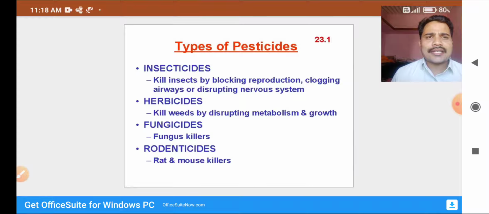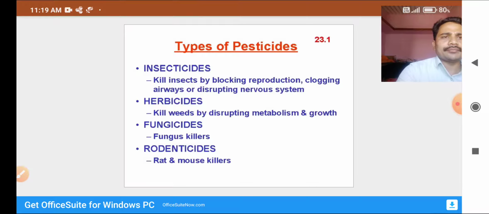Mainly, insecticides act by disrupting the nervous system, so the nerves become weak. Next, herbicides kill plants by disrupting metabolism and growth. Fungicides are fungus killers, and rodenticides are rat or mouse killers.